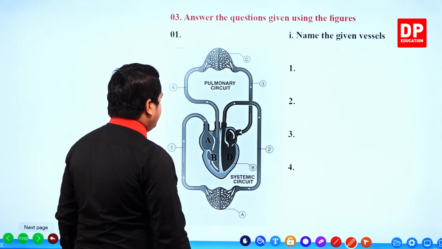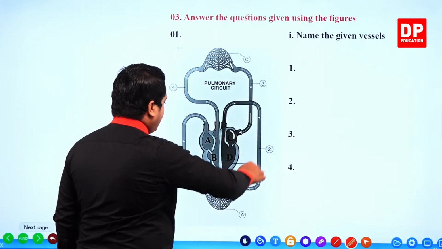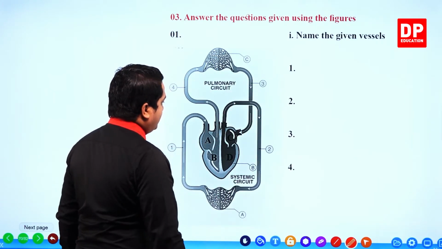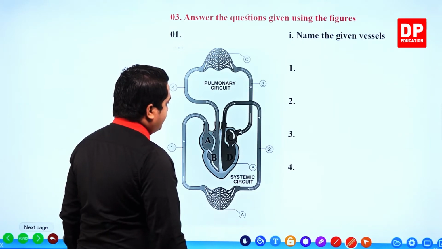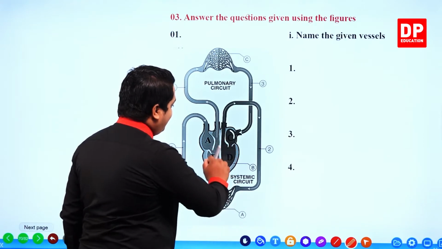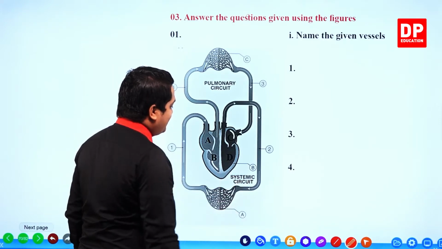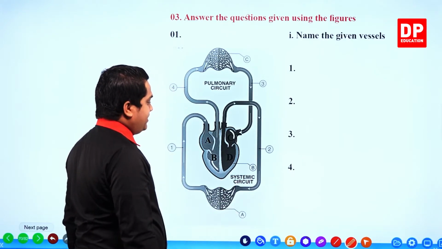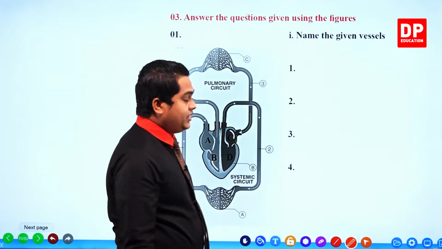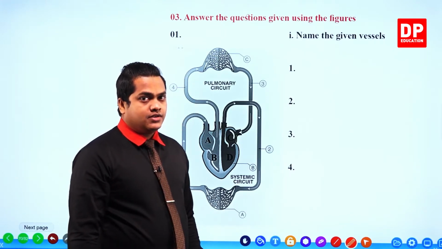So, my dear children, in here, it's coming like this and going like that. Right? So here, my dear children, the question is being asked. Now in here you can observe part C and part D. And it is also referring to the systemic circuit. Systemic circuit means circulation of blood between the body organs and the heart.